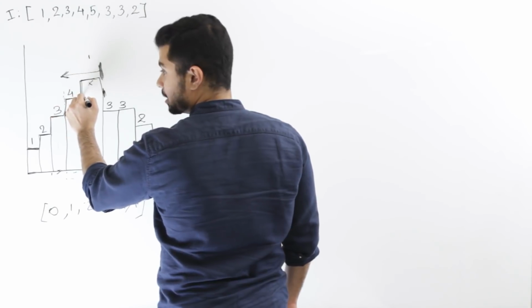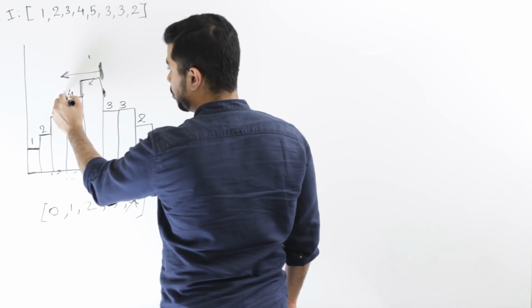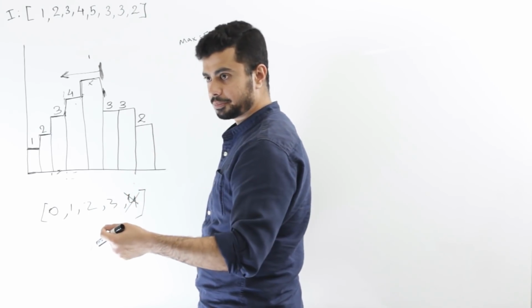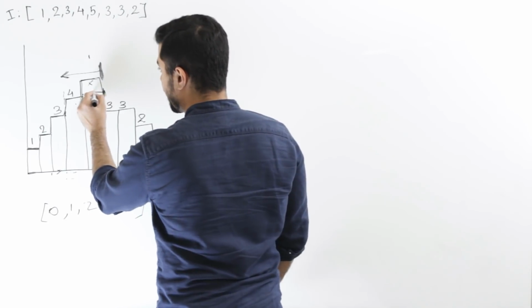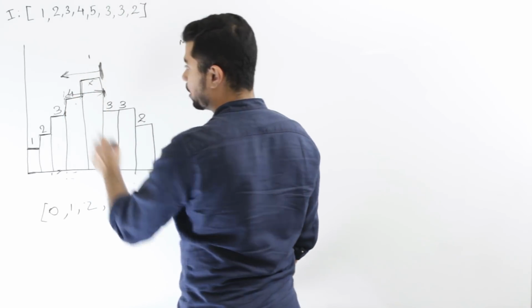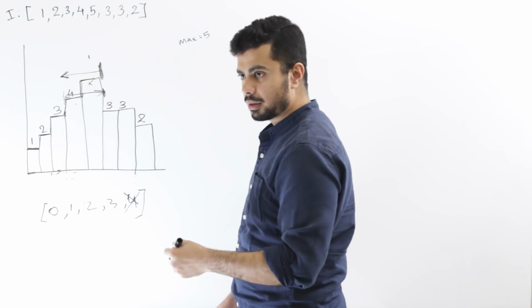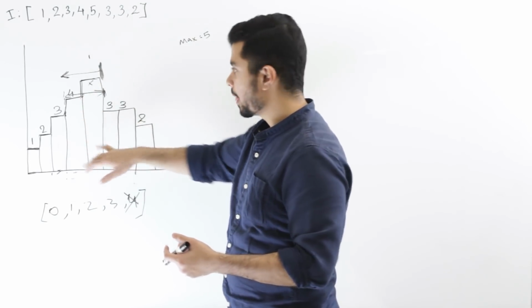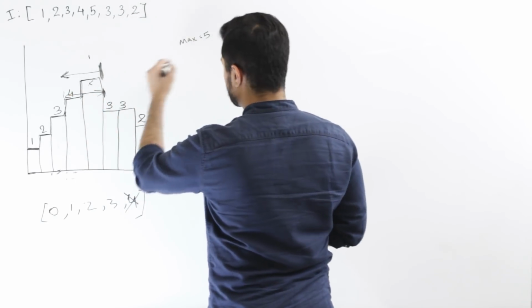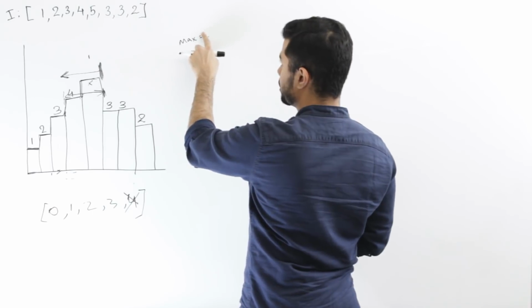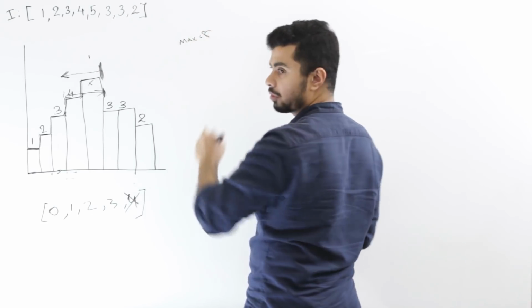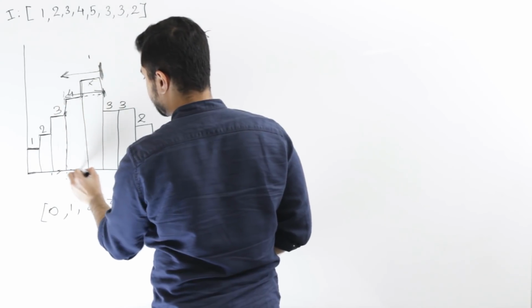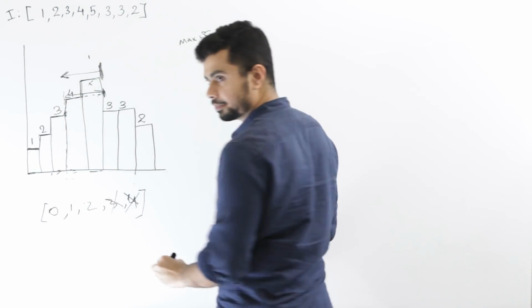Because this is my point, so I want to go till whatever bar is before me and get that width, and then multiply it with my height, and I have the area that this bar can make, right? So this is 4 times 2, which is 8. So now this is a new maximum, so I update that to 8. So now I have the area of this rectangle, basically, and I'm done with this guy.